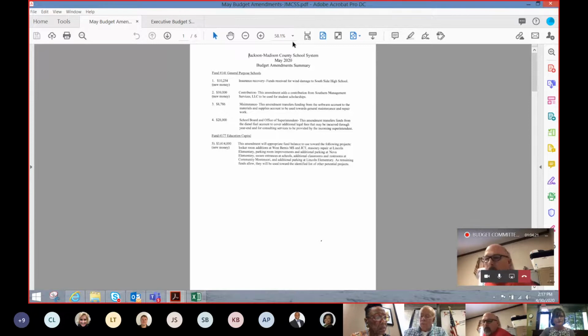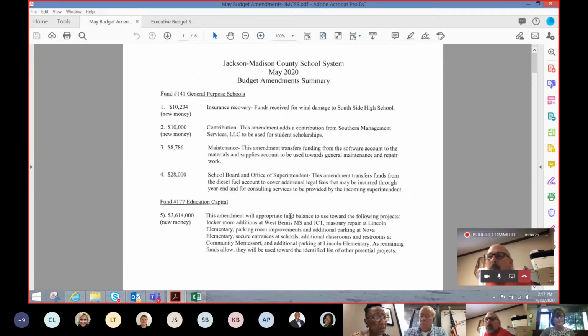The last item is education capital. This amendment is appropriating the balance of our funding that's in our fund balance to cover projects that will occur this summer. We're also transferring money that we have left in our land account into building improvements to help with this.